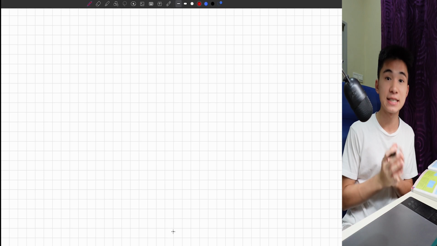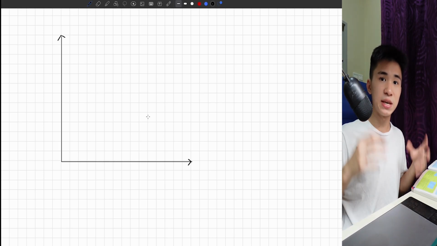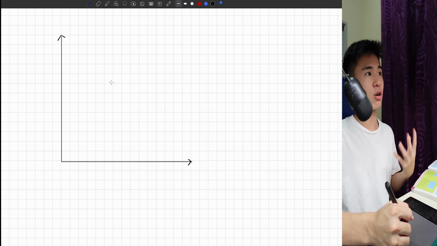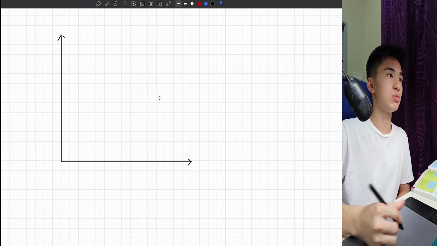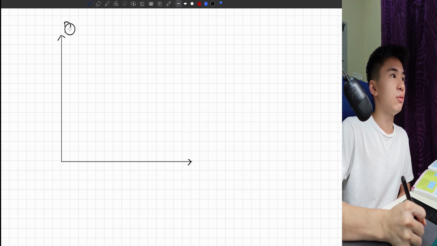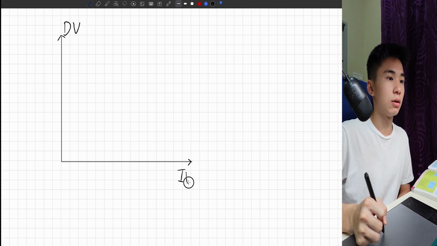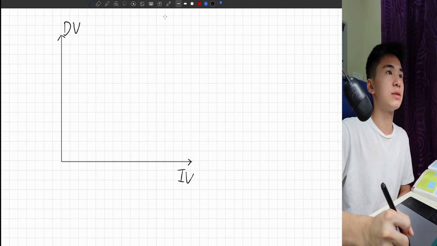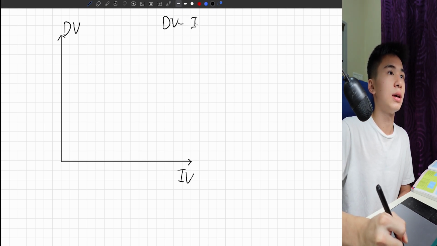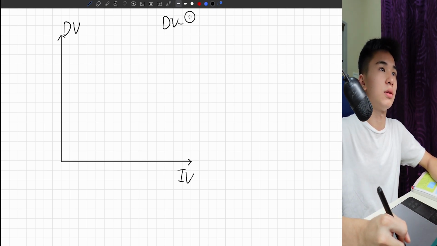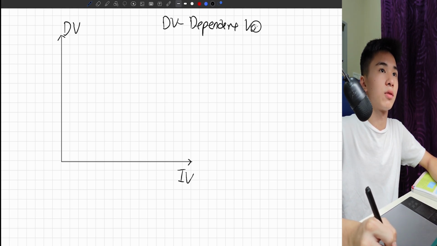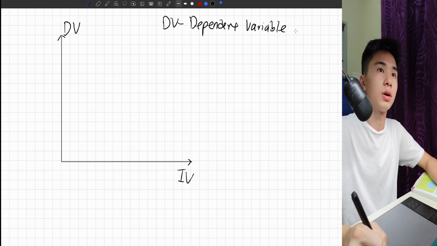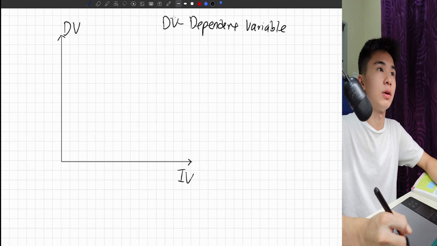So let's get started. Before we get to speed and time, I just want to talk a little bit about this graph. A graph like this has a DV and an IV. The DV stands for dependent variable, so the short form is DV right here.